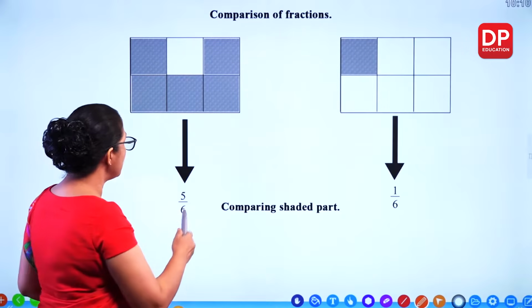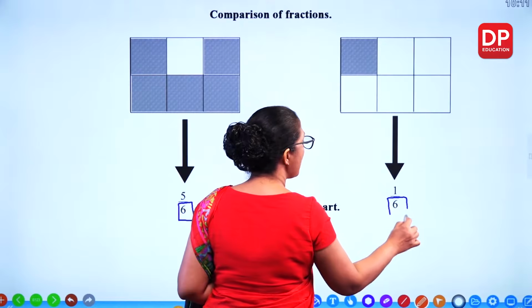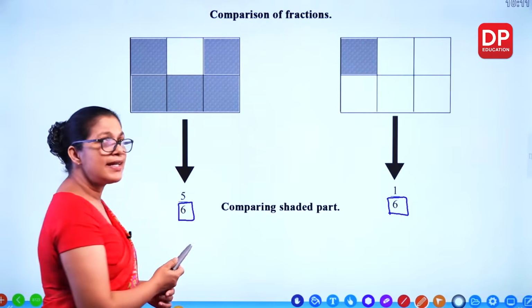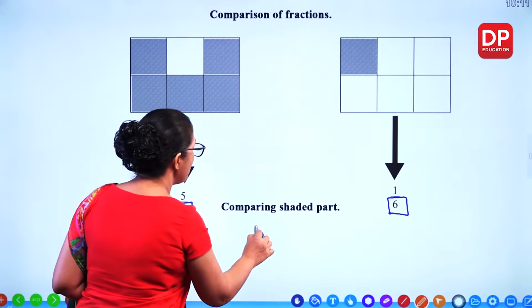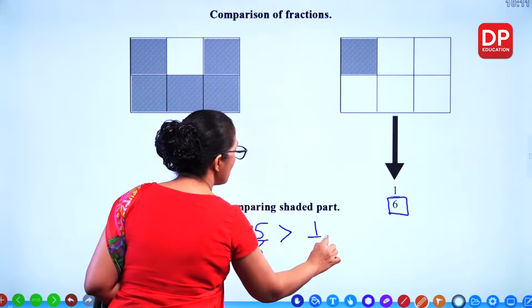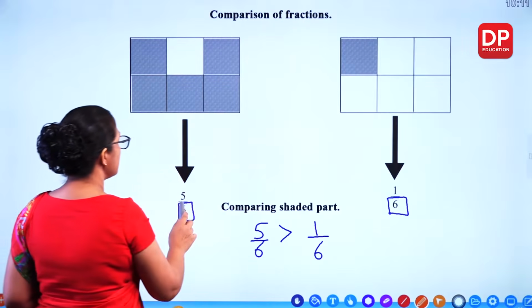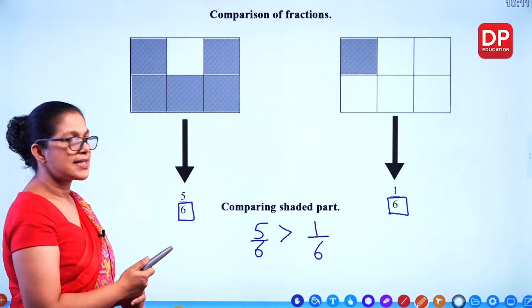We can see the denominator is the same. So by looking at the numerators, we can decide which one is bigger. So I can say 5 over 6 is greater than 1 over 6. So this is a bigger part than 1 over 6.